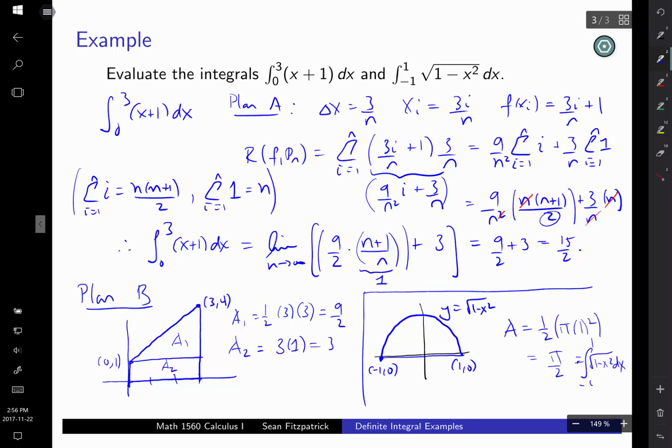Right? So this time we can evaluate the integral not using calculus, but simply by using a bit of geometry and using known geometric formulas to recognize, okay, this integral actually represents an area that I know how to calculate without using calculus, so why would I try to do it using calculus?